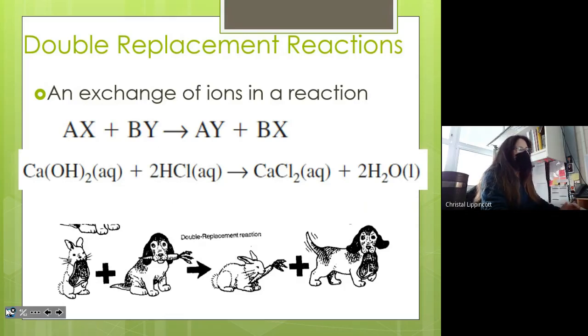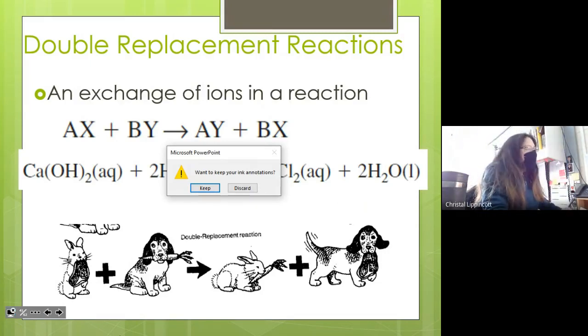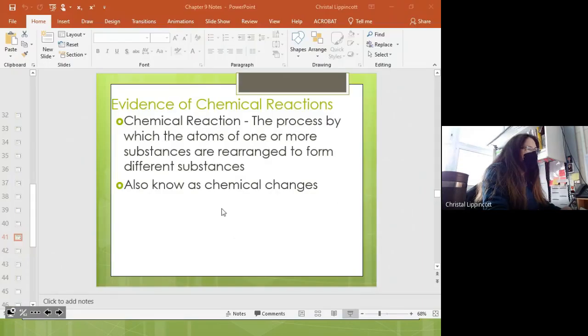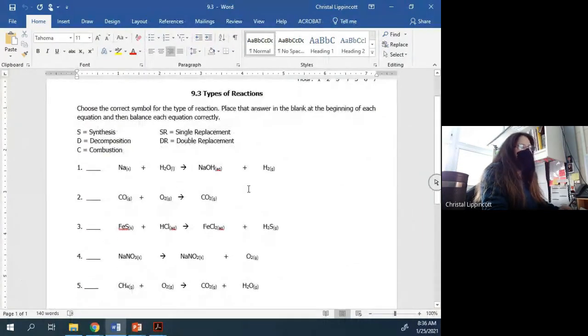So for tonight, and I mean it, look at me, James. For tonight, you are going to be working on this worksheet. So you have 9.3 in your packet. You're going to tell me what type of reaction it is.